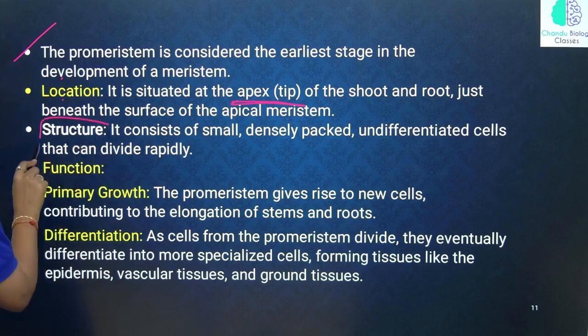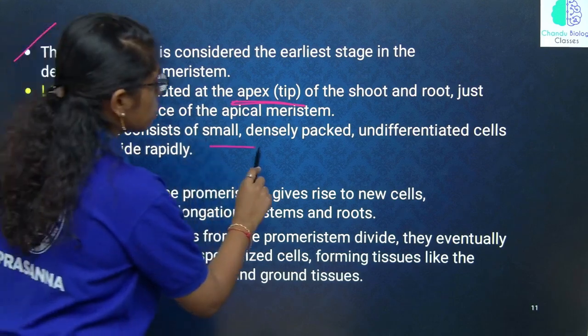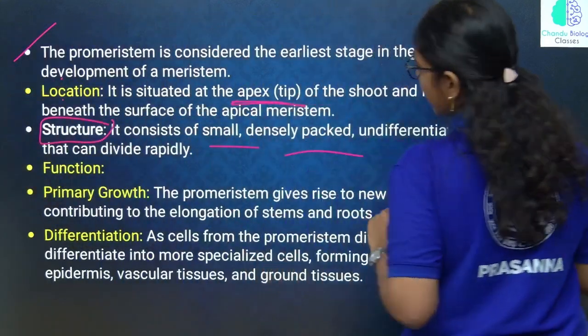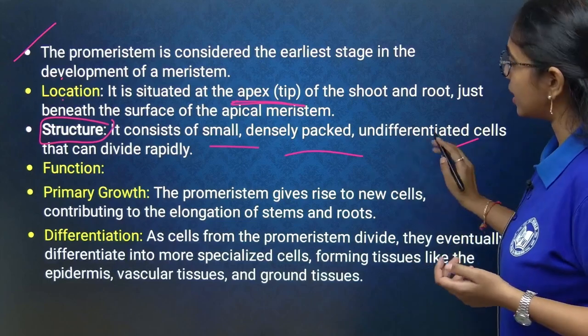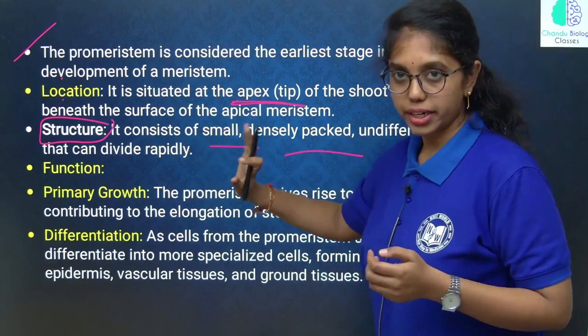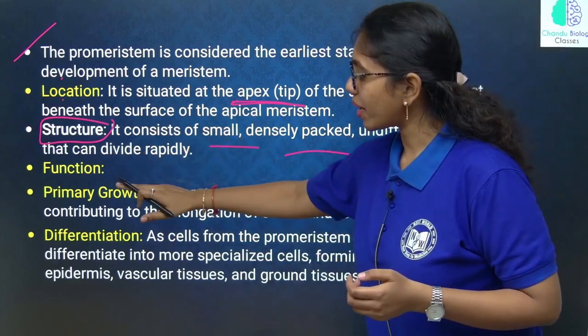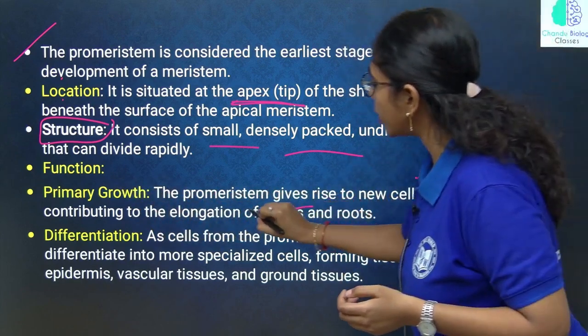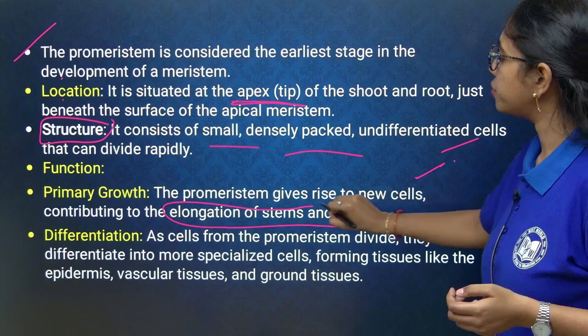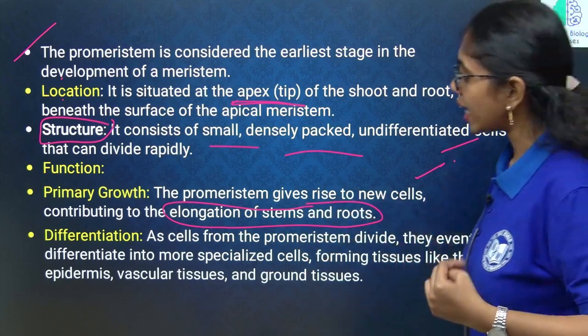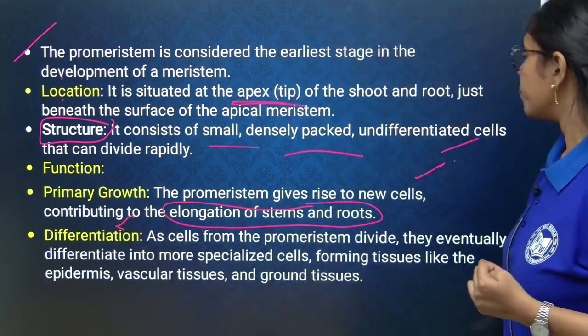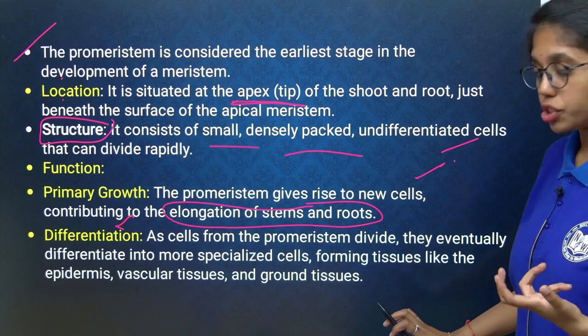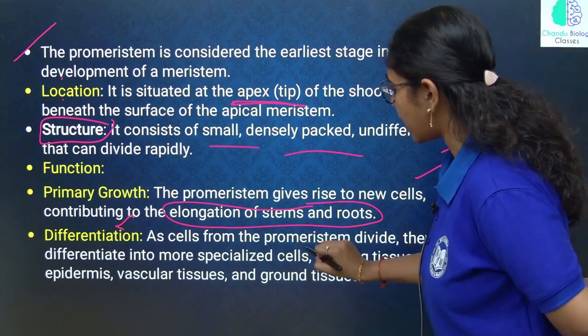Structure: they are small, densely packed, undifferentiated cells. Functions include primary growth, as promeristem gives rise to new cells contributing to the elongation of stems and roots. The second function is differentiation, as they eventually differentiate into more specialized cells.